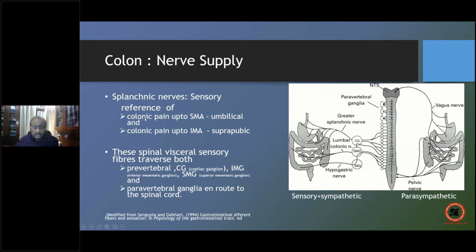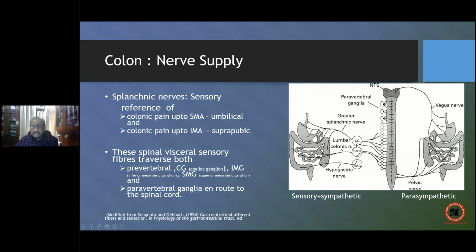So if you have colonic pain up to the supply of the superior mesenteric artery, you'd always have an umbilical pain. If you have a pathology in the lateral part of the transverse colon, the descending and the sigmoid colon, you'll have a suprapubic pain. So pain of the cecum, ascending colon, and right two-thirds of the transverse colon would be felt at the umbilicus, and on the left side, the descending colon and the sigmoid would be felt in the pelvic area.